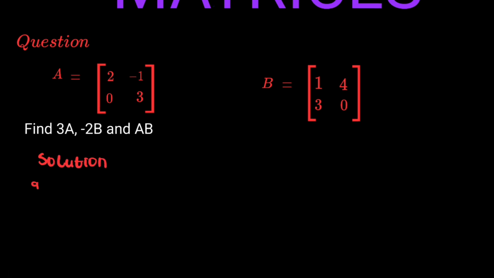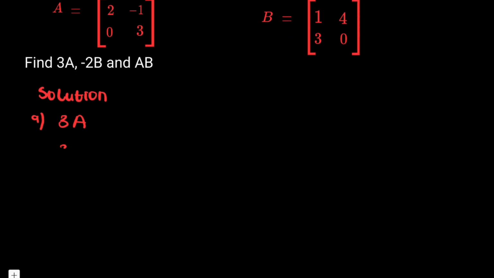So the first part says we should find 3A. So 3 is our scalar and we are multiplying it by the matrix A. When multiplying a scalar with a matrix, we simply multiply the scalar by every element in the matrix. Here we have 3 into the matrix 2, minus 1, 0, and 3.